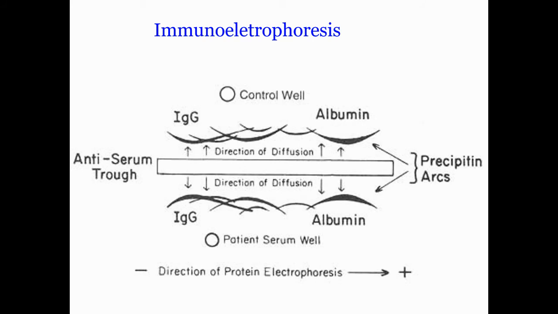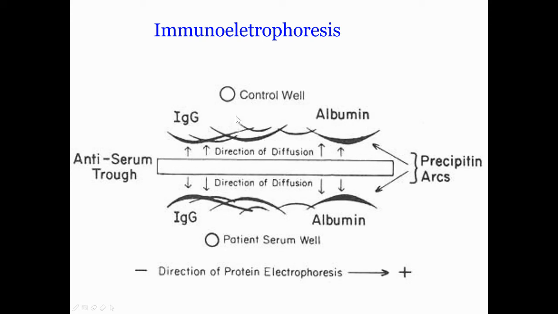Okay, and then immunoelectrophoresis is another way. What is happening over there? Immunoglobulins will be there. We will be giving a serum well, and then a control well. We will be adding an anti-serum trough, which is a small well, like a small tube-like thing over there.